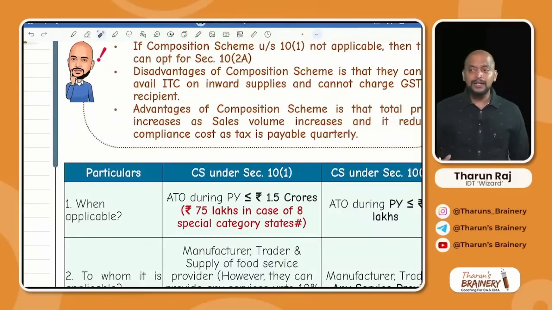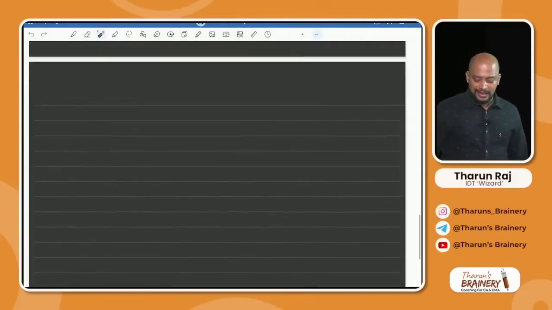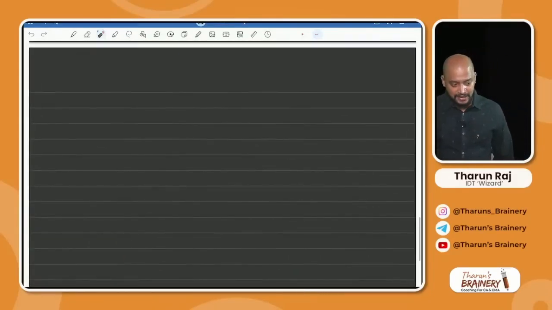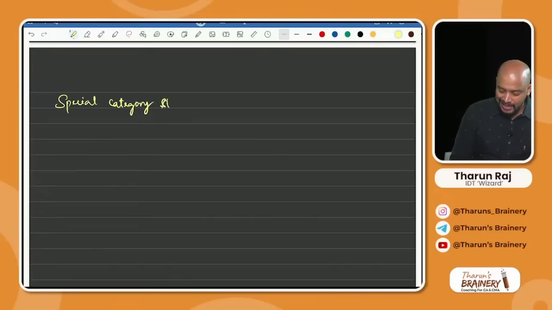There are some places where we have state specific information. Kindly make note of that, because it will be helpful for you, as we come across this state specific information in different places. First, we have special category states as per the Constitution. What are the special category states as per the Constitution?